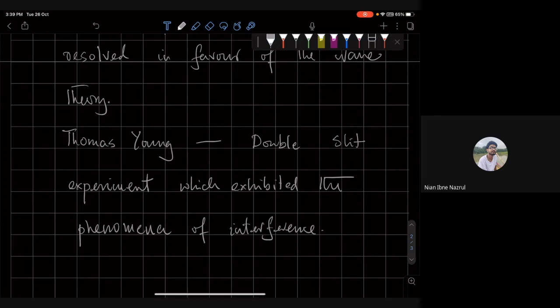And this cannot be explained by a picture of light as classical particles, okay? And this established firmly the wave picture of light.